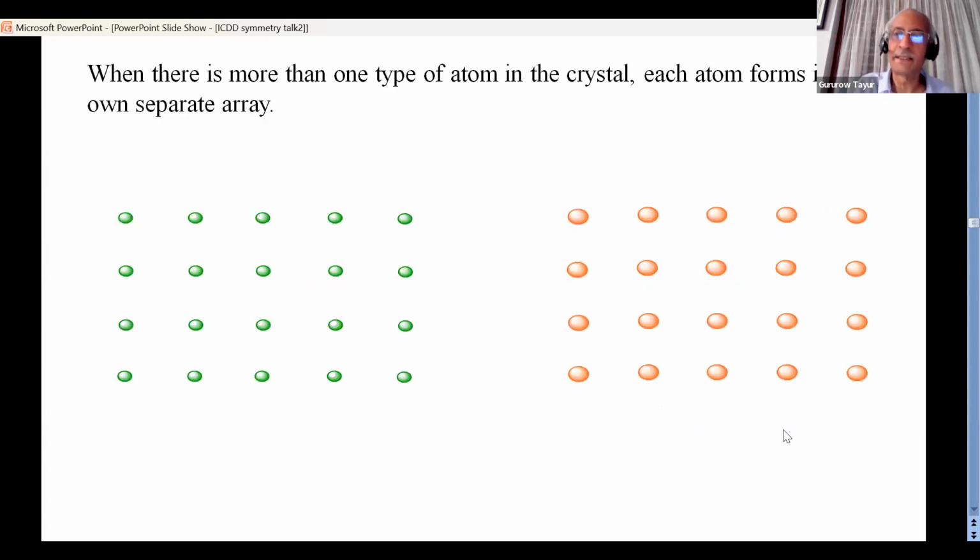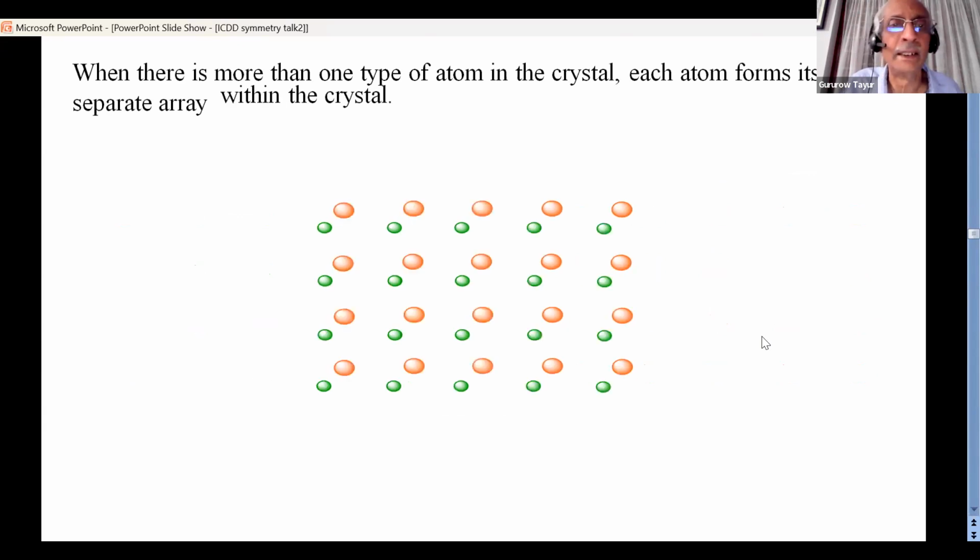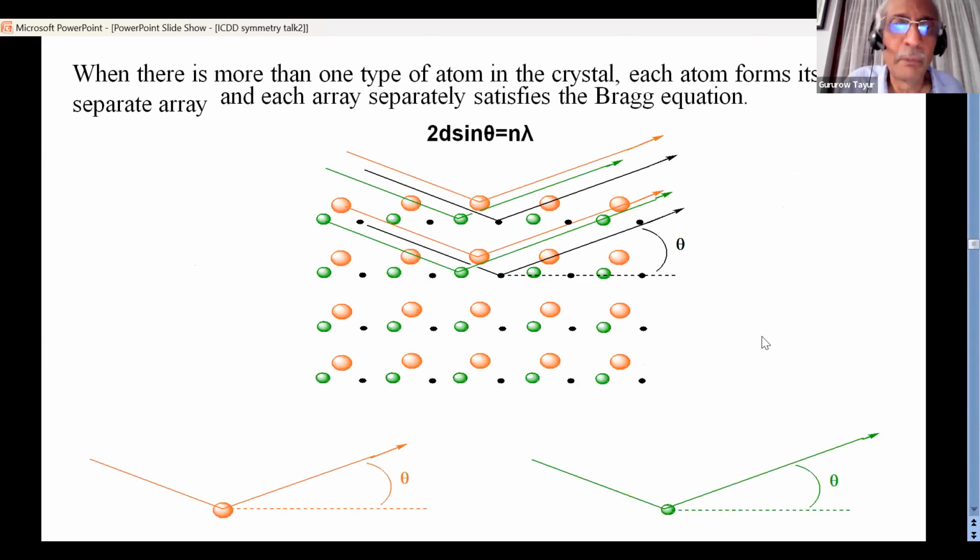Now, as we already said, it is the electron density which participates in the diffraction experiment. So if we have an atom, it is the atom which scatters. If we have 2 different kinds of atoms, together forming a diatomic structure, let us say, the scattering is coming from them. This is how they are arranged in the unit cell. But what we measure is the diffraction coming from the planes, which essentially define the lattice.